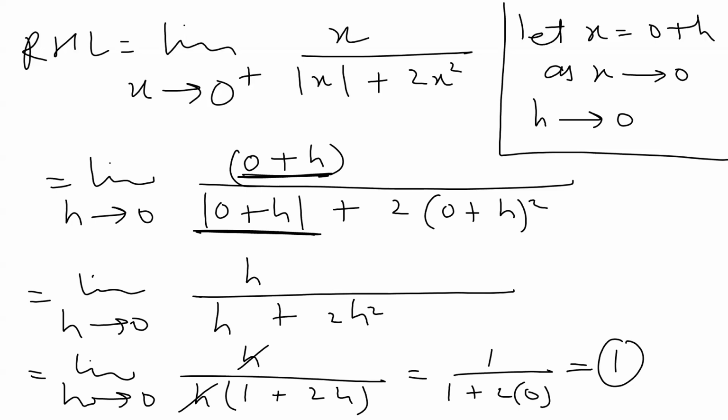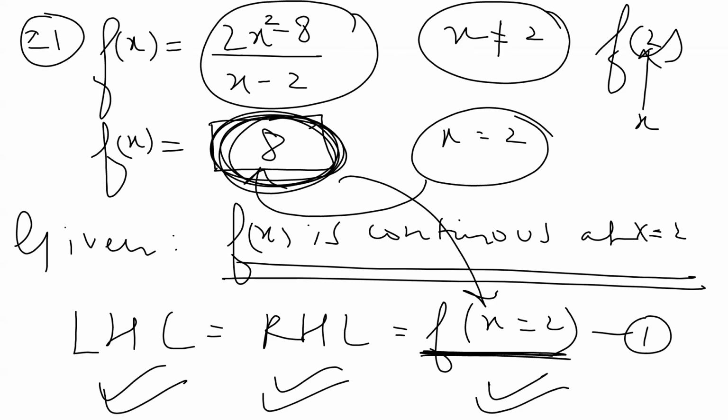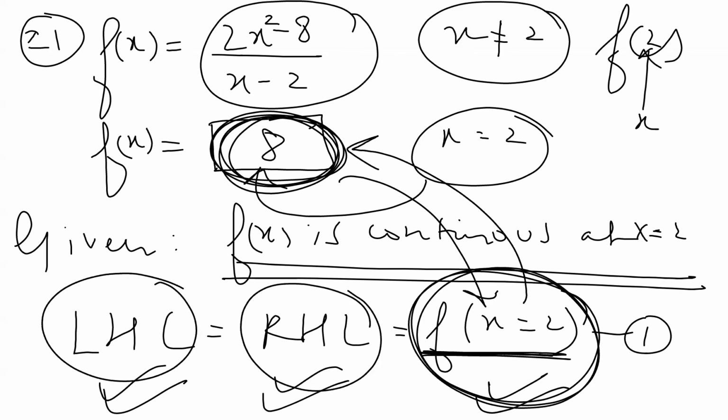If this is equal to 8, then only all three values will be the same. So f of 2 should be assigned the value 8, because that is the LHL value. By RHL also you'll get 8 only in this problem, the reason being the function is continuous at x is equal to 2.